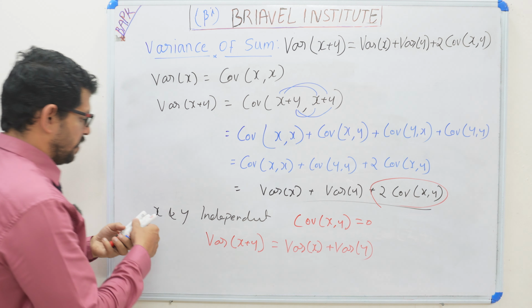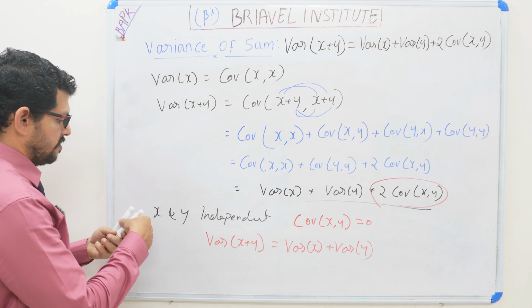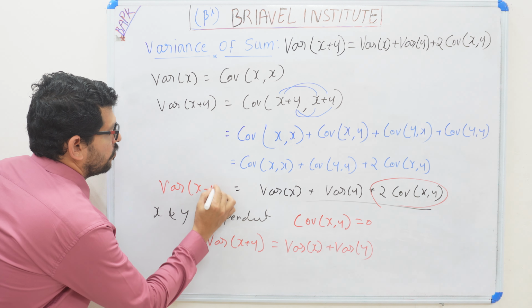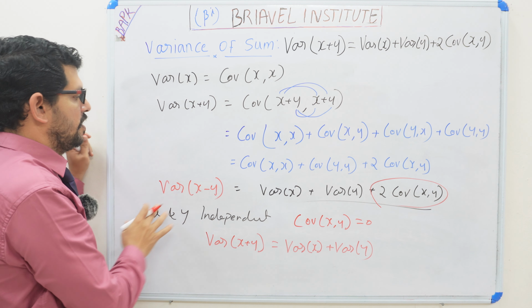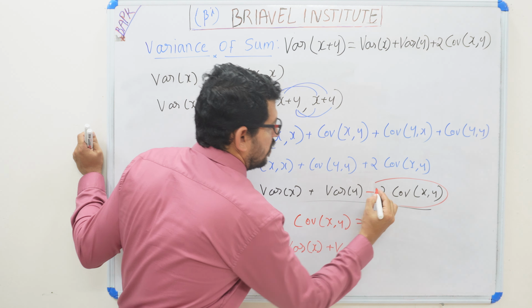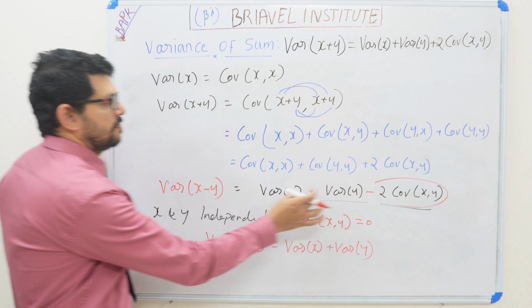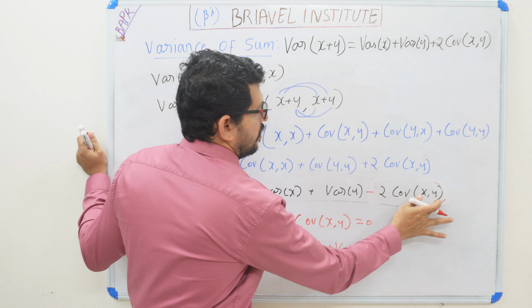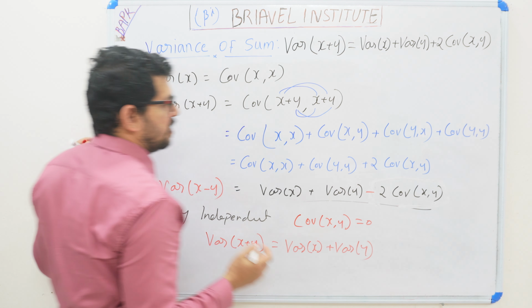Same way, the same formula we can write for variance of x minus y. Instead of x plus y, for variance of x minus y, we can write variance of x plus variance of y minus 2 times covariance of x comma y.